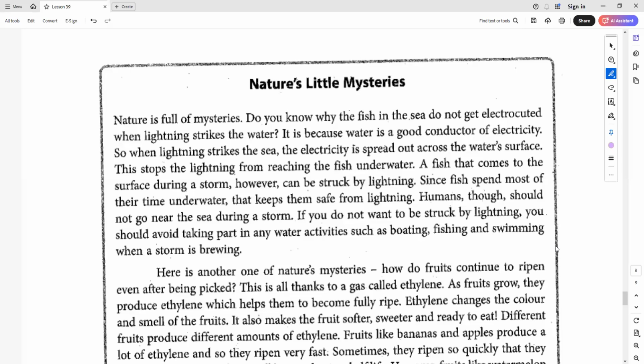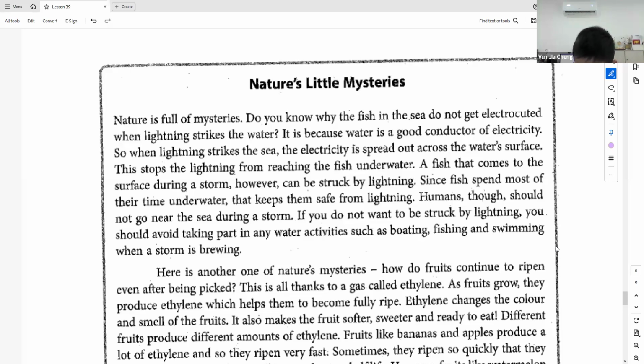Okay, so now we read it again, okay, Jackson? Nature is full of mysteries. Do you know why the fish in the sea do not get electrocuted when lightning strikes the water?